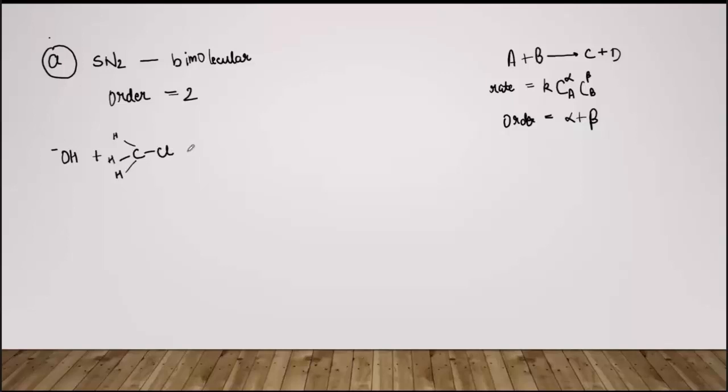This is the alkyl halide, and what happens is I'll write it down and then I'll explain it clearly. Okay. This is the dashed line. This is the carbon. Again, a dashed line, fluorine.